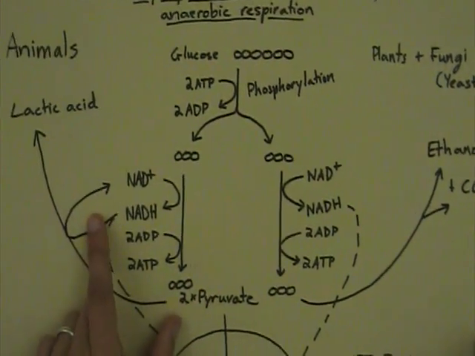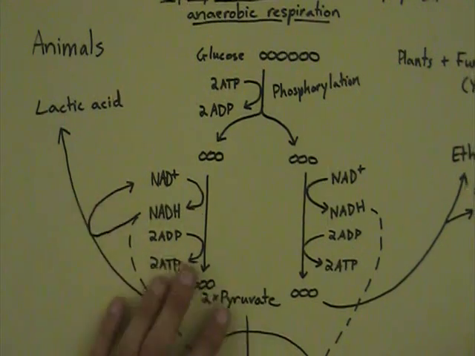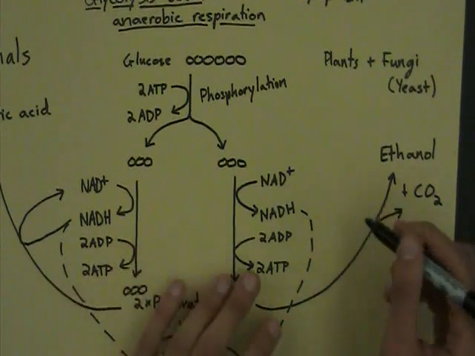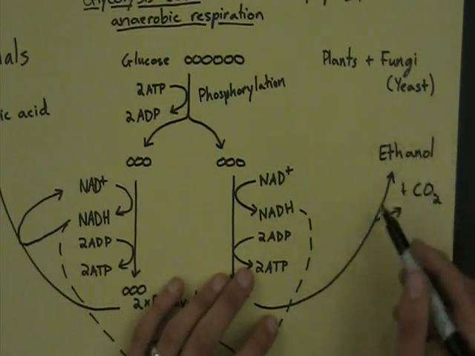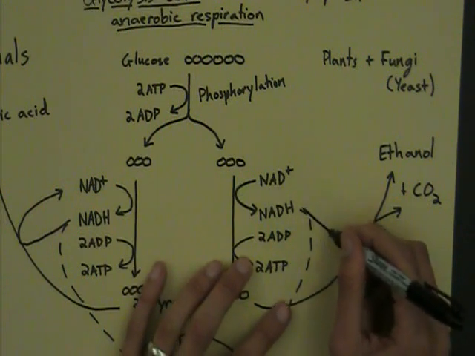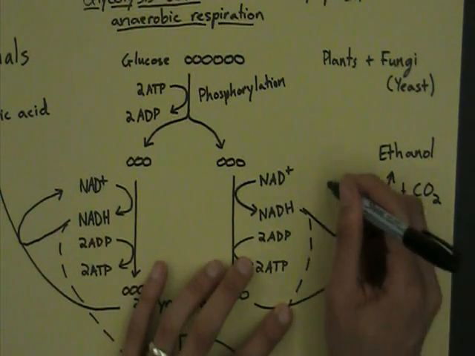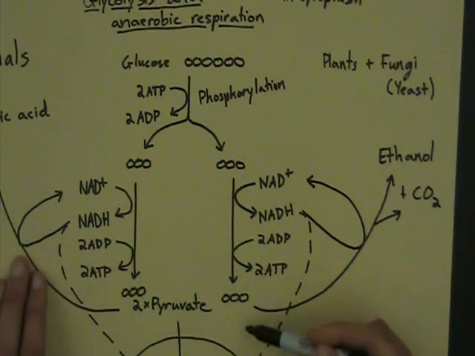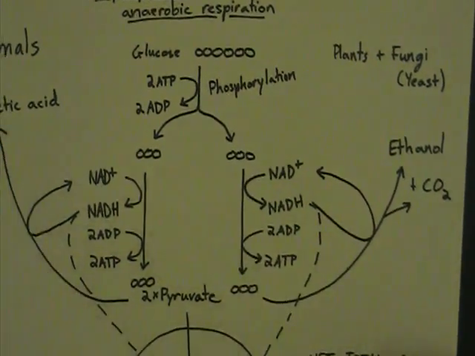Notice that there wasn't any carbon dioxide produced in animals when they were respiring anaerobically. Again, in plants and fungi, this has the same purpose, to convert NADH back to NAD+, so that glycolysis can keep happening. It's really important.